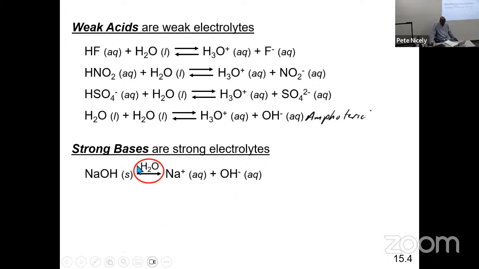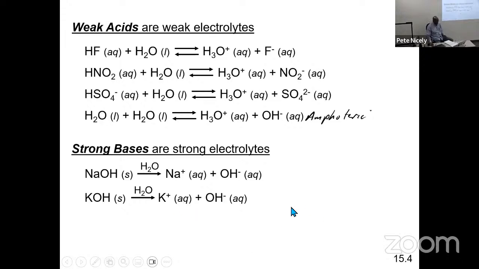And again, you see the arrow pointing in one direction. Here's another example, potassium hydroxide, which will undergo complete dissociation to form potassium and hydroxide ions. And then we have barium hydroxide, which will also behave similarly, undergoing complete dissociation to form barium and hydroxide ions. So that's basically how bases are.